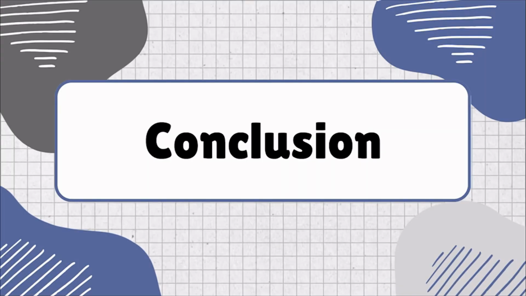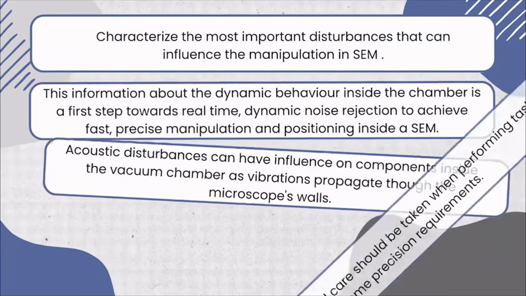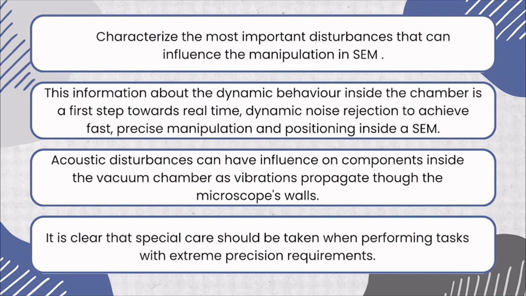Hi, it's me again. I'll talk about the conclusion. First, the author shows the most important disturbances that can influence manipulation in SEM environments. Second, this analysis of dynamic behavior within the chamber provides information for real-time dynamic noise rejection, which is important to achieving fast and precise manipulation and positioning.